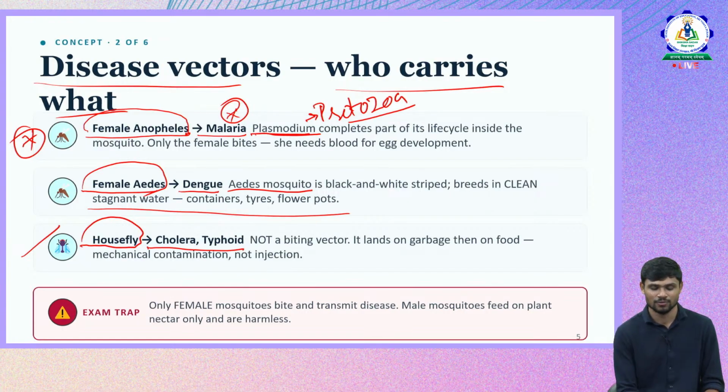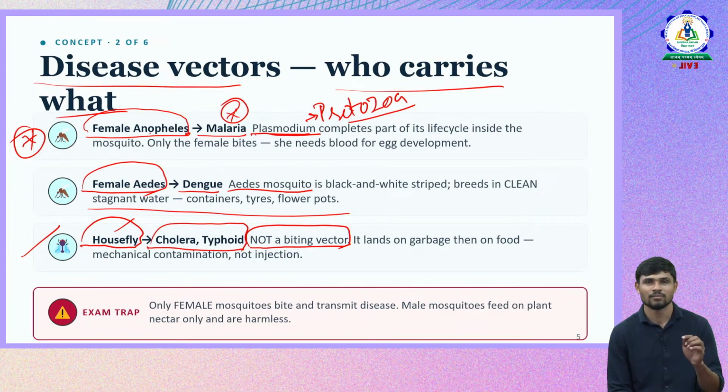So the housefly is the carrier, but it is not a biting vector. Biting vectors are the mosquitoes. When they bite, the pathogen enters our body and we start getting the symptoms.